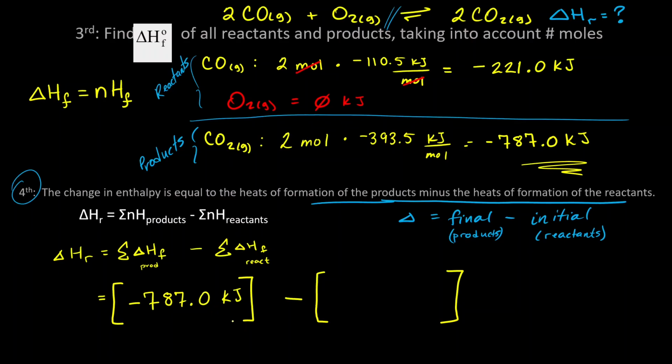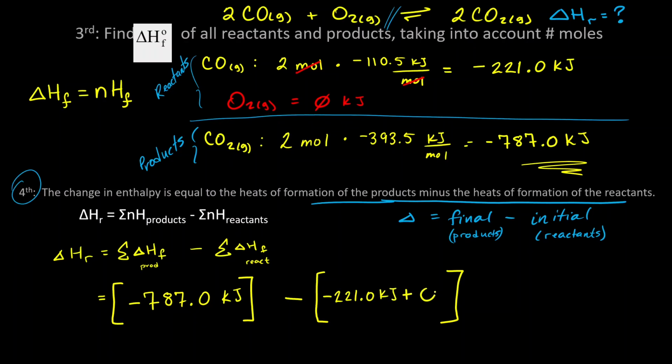Just kilojoules now, just kilojoules. All right, and then minus, that's our algebra sign. And then our next set of brackets here for our reactants. Our reactants on the left-hand side are carbon monoxide and oxygen. Carbon monoxide, our total is negative 221.0 kilojoules.